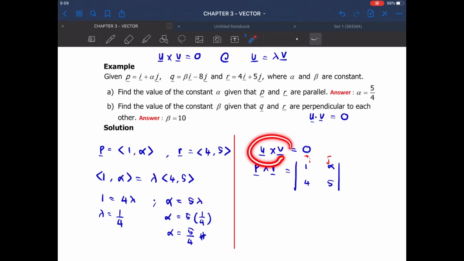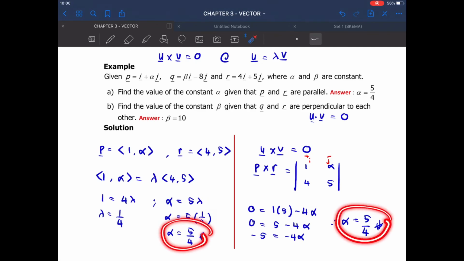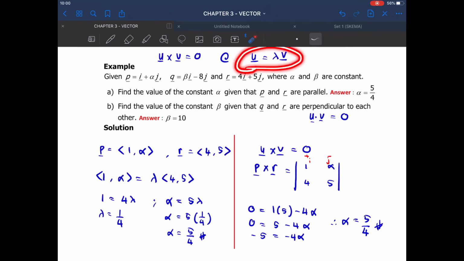So u cross v is equal to 0 means that p cross r is equal to 0. 1 multiplied by 5 minus 4 multiplied by alpha. So 0 is equal to 5 minus 4 alpha. So negative 5 is equal to negative 4 alpha. Therefore alpha is equal to 5 over 4. So you will obtain the same value of alpha whether you solve by using the formula u is equal to lambda v or u cross v is equal to 0.